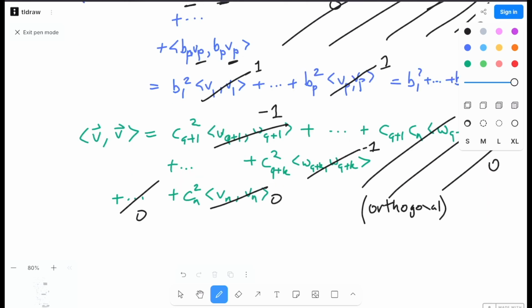So getting all of my sloppiness out of the way, that's going to be minus, from this -1, the c_{q+1} squared, and then every other thing is going to have a -1 in front of it as well, right up until c_{q+k} squared, and then a bunch of zeros, which I just won't write down. And this is less than 0.